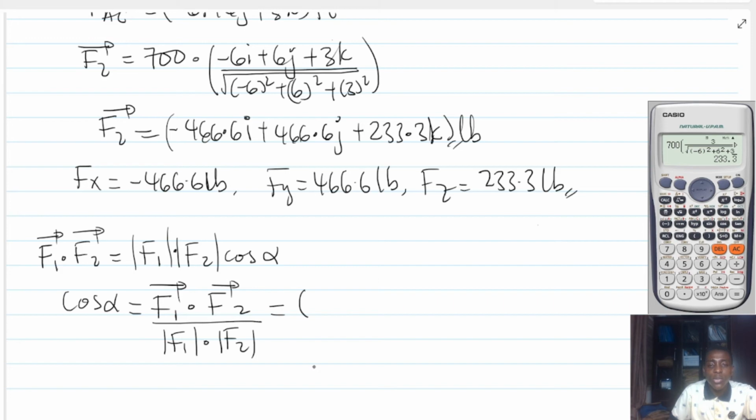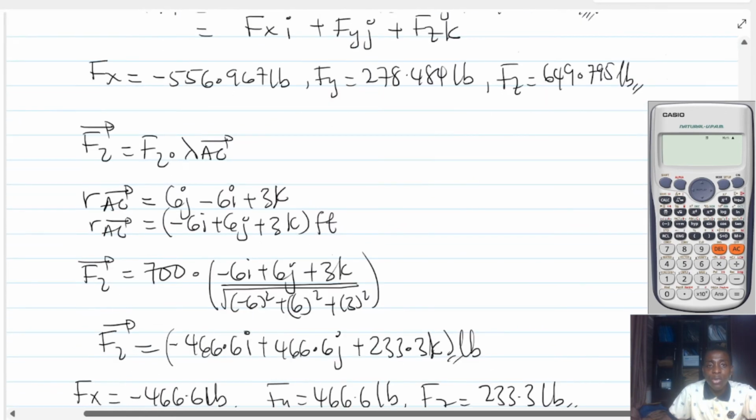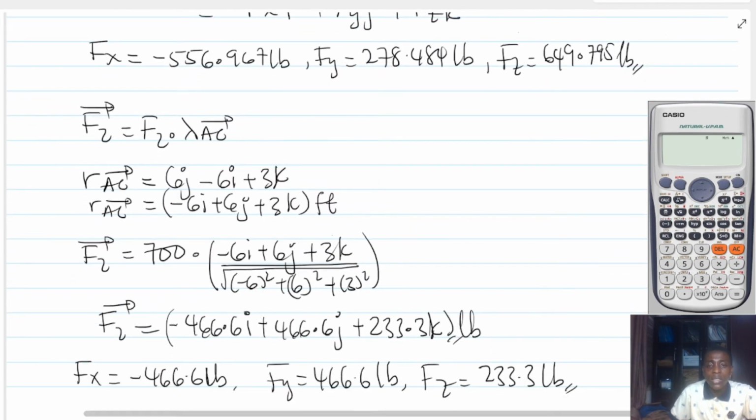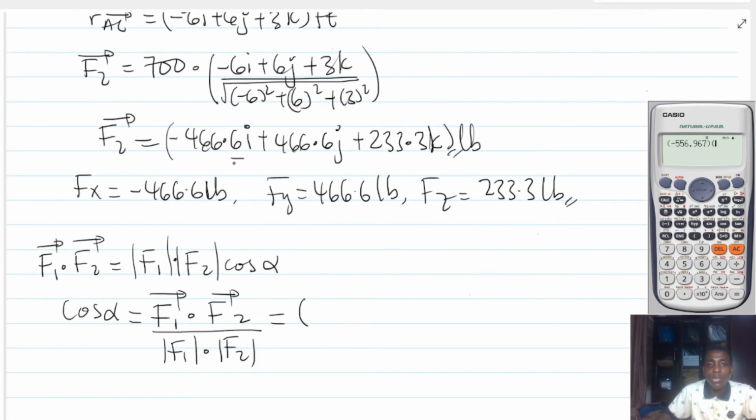All right, so let's do it together. If I take the i component of the first one, I have minus 556.967, and then I'll multiply this with the i component of the second force, which is minus 466.6.